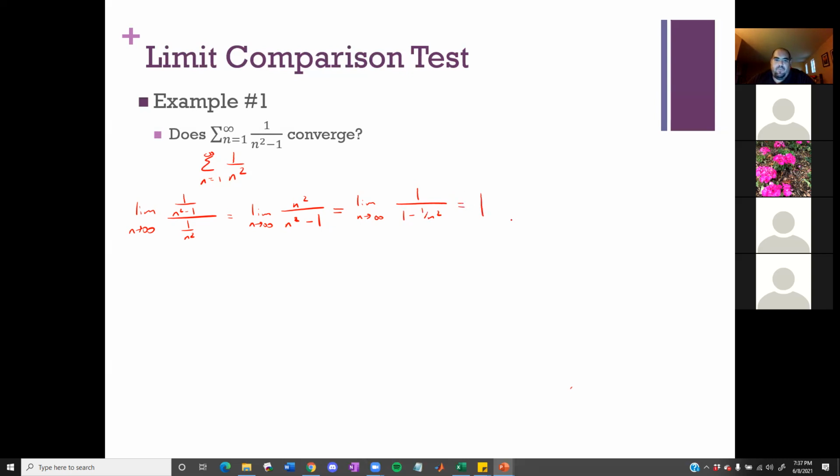That limit is equal to 1, which is positive. So I know this series converges by the p-series test. The limit of their quotient is positive and real. So that means this converges too.